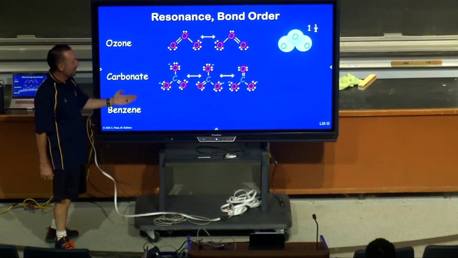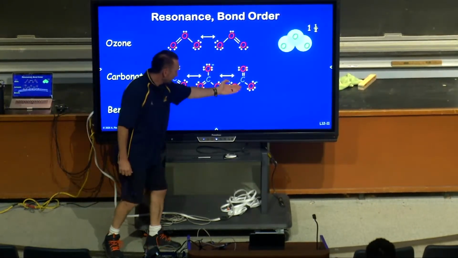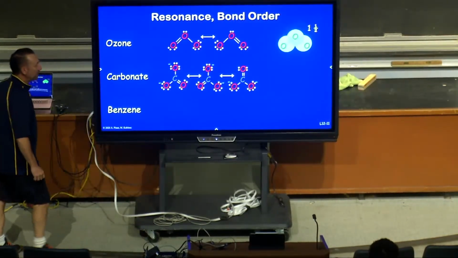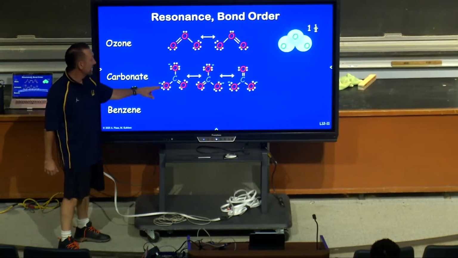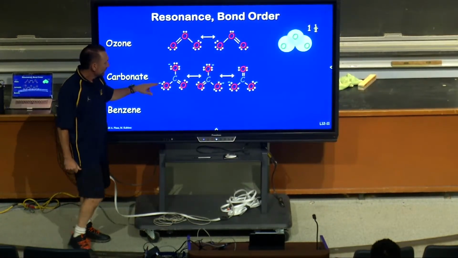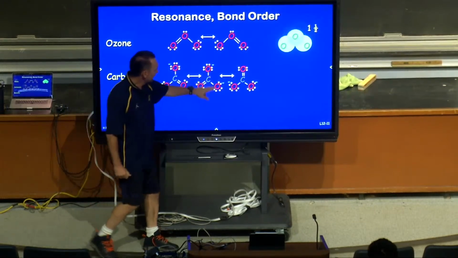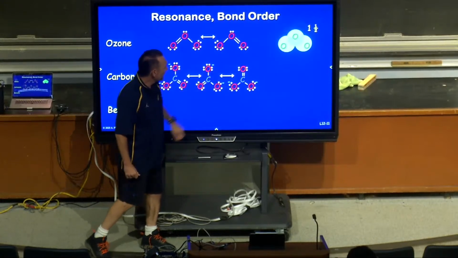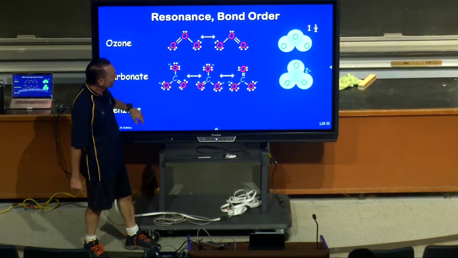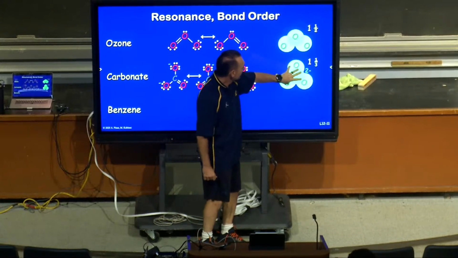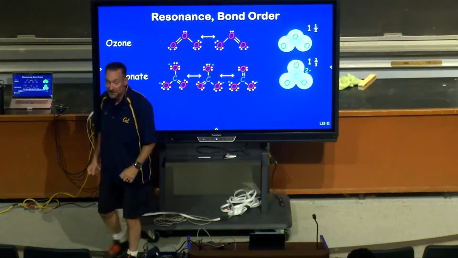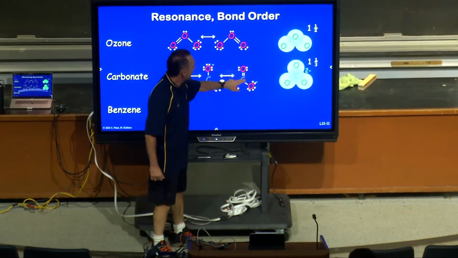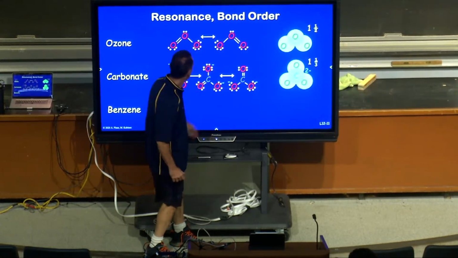Here's carbonate, CO3 2-, and now 3 possible places to put that double bond. Carbonate has a -2 charge, so the negative charges would also be moving around that molecule as this double bond moves around that molecule. But again, all those bonds are equivalent, and there's a -2 charge, and you could say the bond order is, you've got 3 bonding positions.